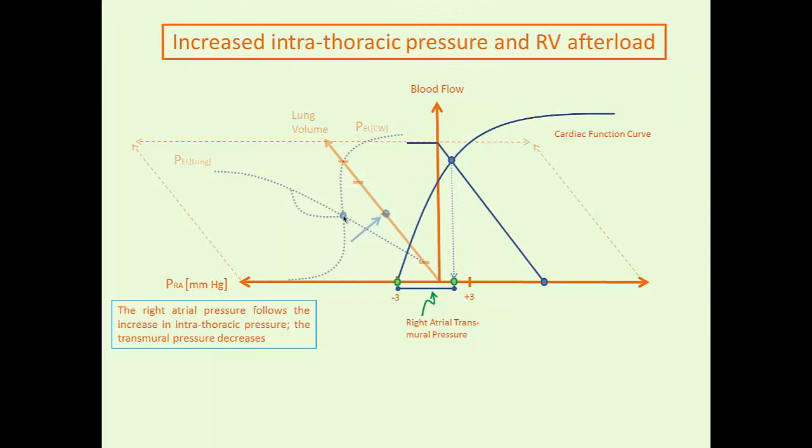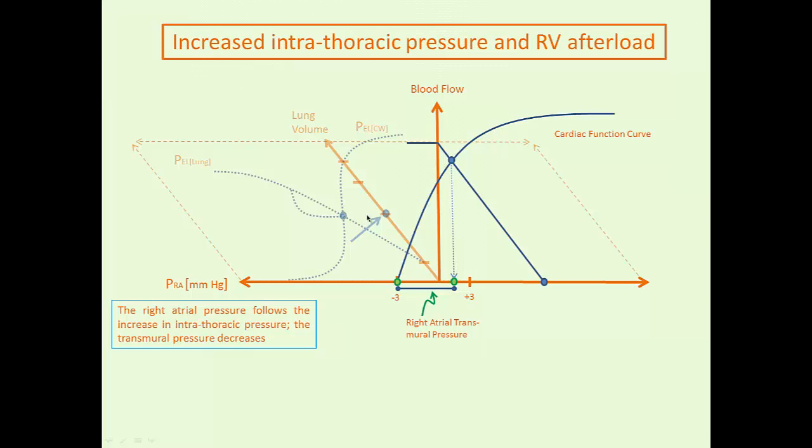The x-intercept of the right ventricular cardiac function curve is the portion that tracks changes in intrathoracic pressure.